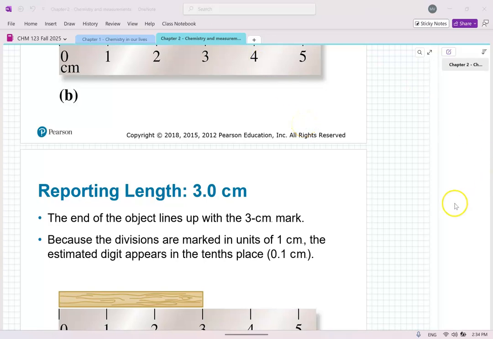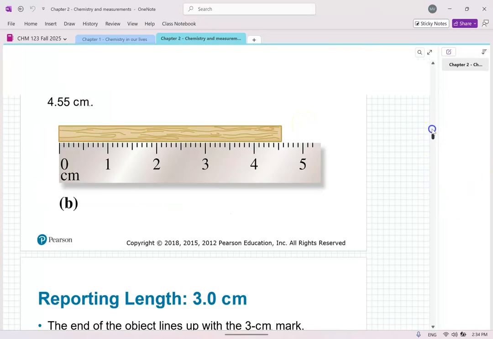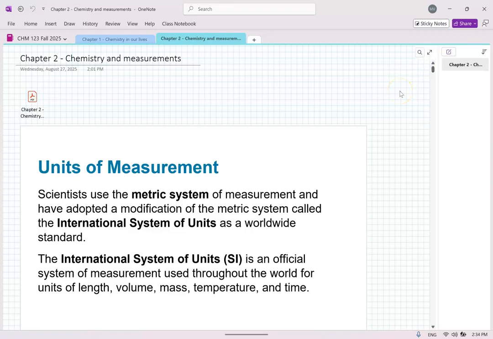So in this chapter, we're going to talk about measurements, something that you already did in the lab, and something that some of you may have an easier time dealing with, especially if you grew up with the metric system. Okay?